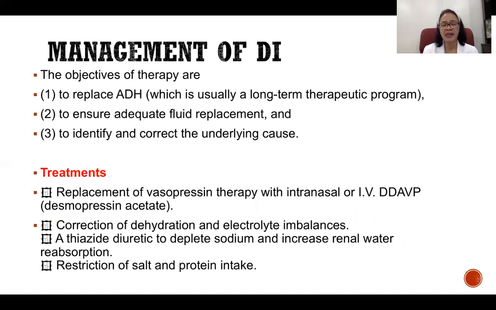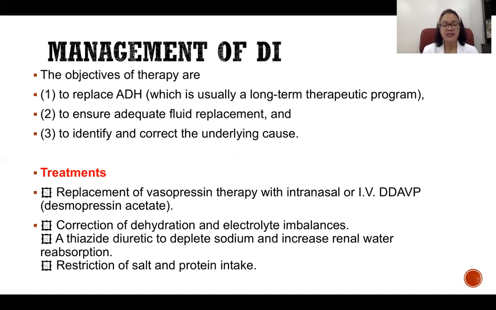So how do we manage diabetes insipidus? So the main objective of the therapy is to replace the antidiuretic hormone. This is a long-term program. And another objective is you have to ensure adequate fluid replacement. And therefore, for us to deal with this, we have to identify and correct the underlying cause.